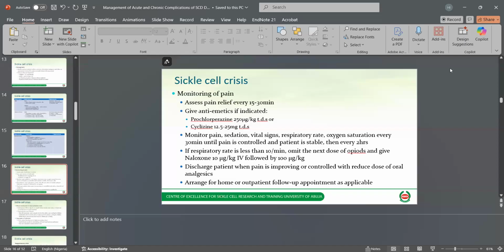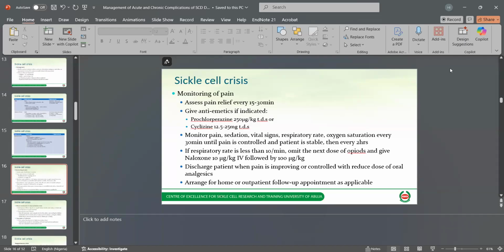So while we do this, it's important we continue to monitor the patient closely, assess pain relief every 15 to 30 minutes, give antiemetics if indicated: prochlorperazine 250 micrograms per kg TDS, or cyclizine 12.5 to 25 milligrams TDS.